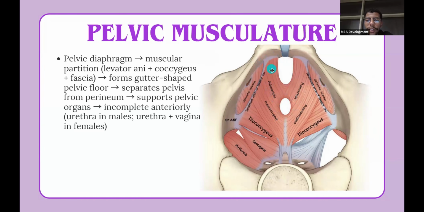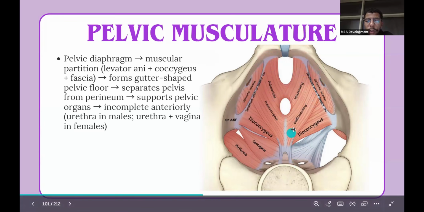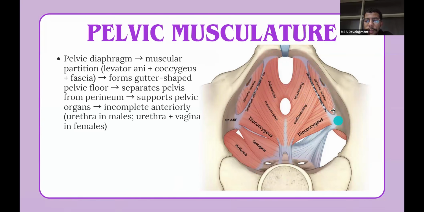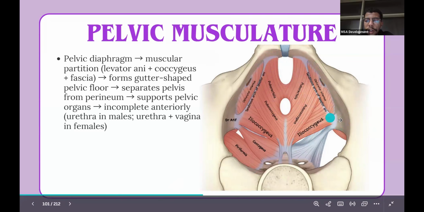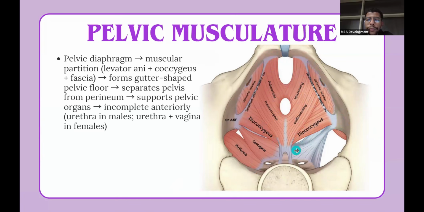Then the puborectalis we mentioned earlier, from the pubis to the rectum, slings around it. And then from the pubis to the coccyx, here it's a lot more clear than the first picture. Can you see here from the pubis to the coccyx? So pubococcygeus. And then this is our ilium, so from the ilium to the coccyx again, we have the iliococcygeus from both sides.